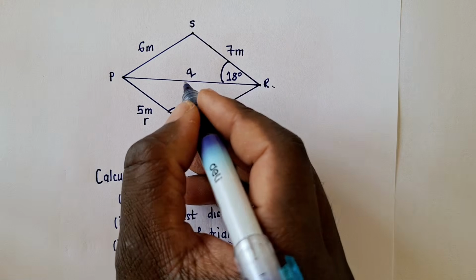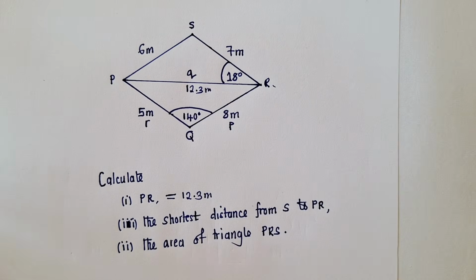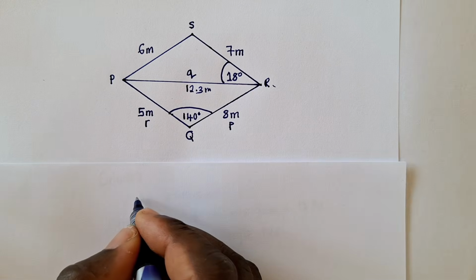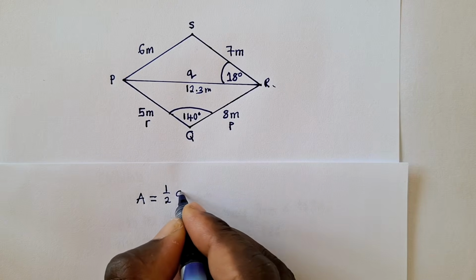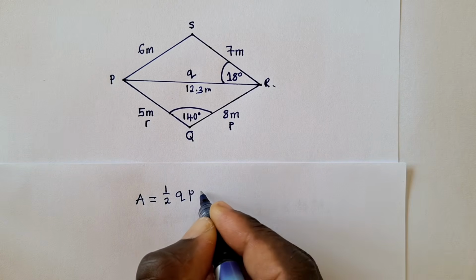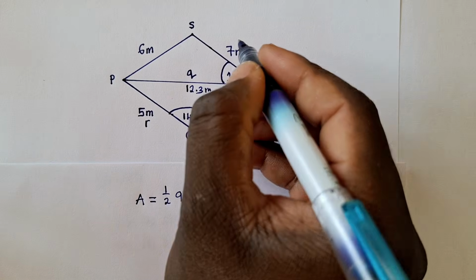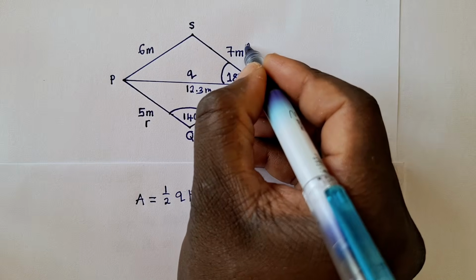So now that we found that this side is 12.3 meters, it's very easy for us to find the area, okay? So finding area here, we're going to say area is equal to 1 over 2 q p small letters sine capital letter R. So we know that this is also p. If we look at this angle, we can say this is small letter p.